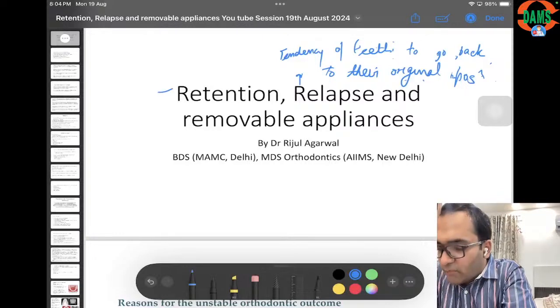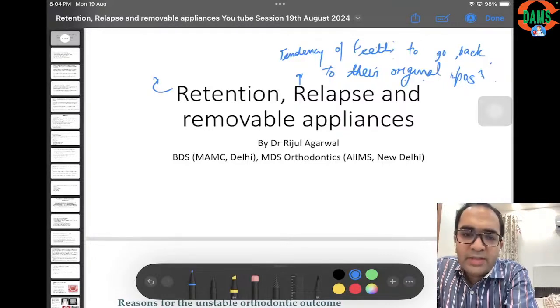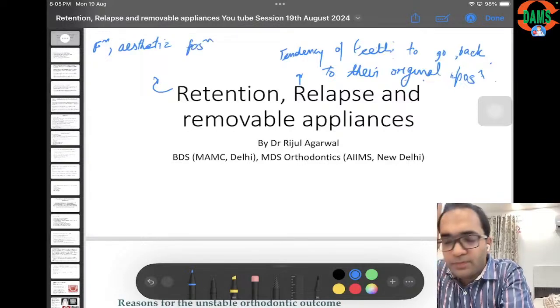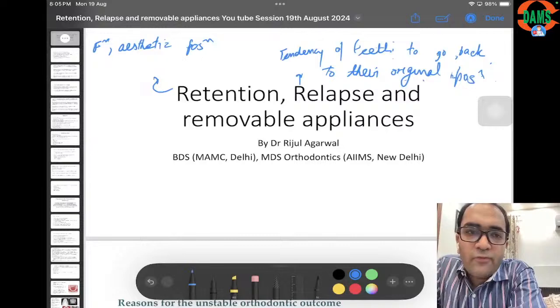And what is retention? Retention is basically to maintain the teeth at their most stable, functional and aesthetic position. Both the concepts of functional position and aesthetic position are important in retention.